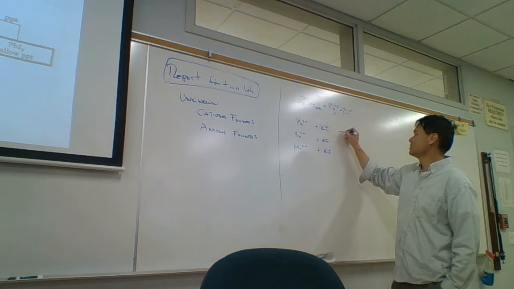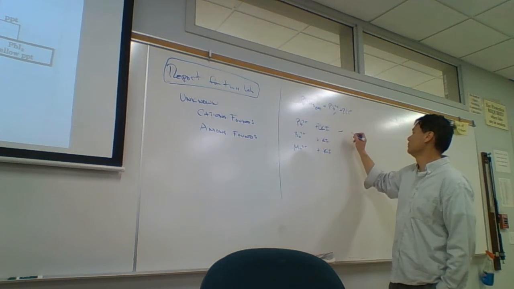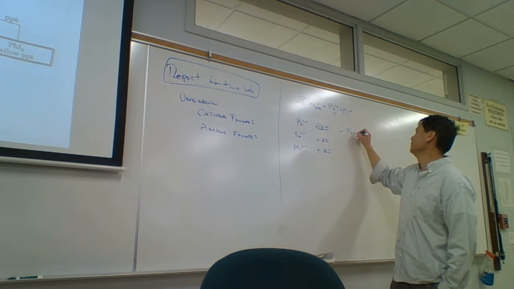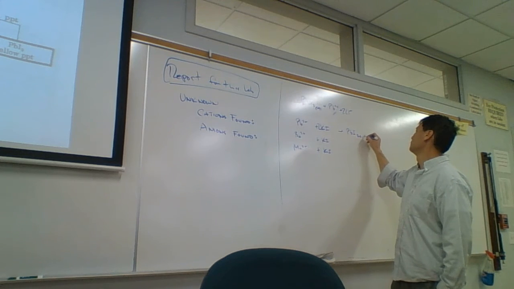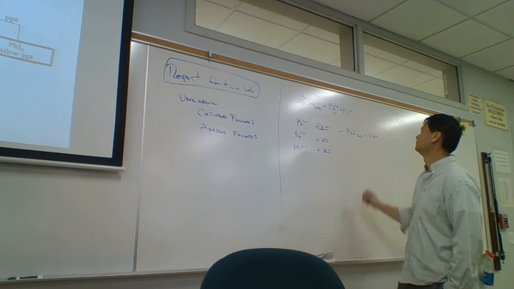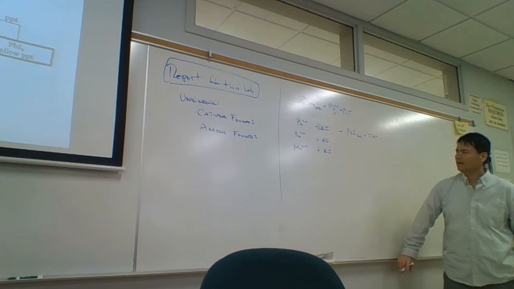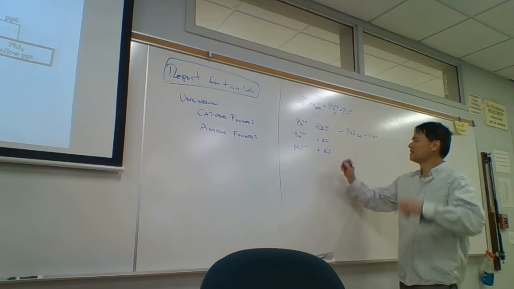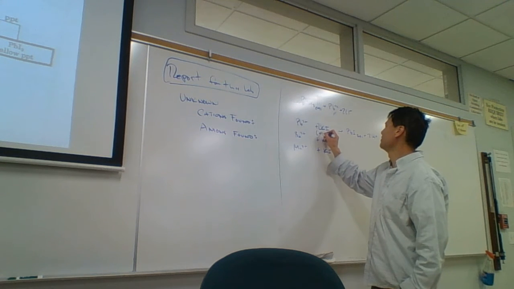Well, lead ions like iodide ions, and so we'll need two of those. So we're going to get PbI2 solid plus 2 potassiums to balance. KI is actually just potassium ions and iodide ions.